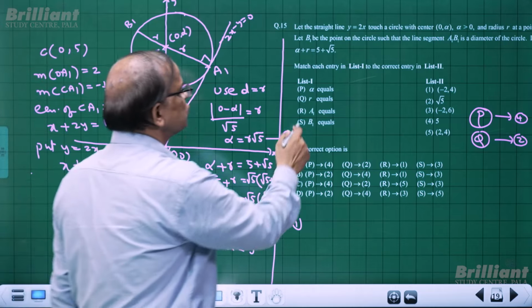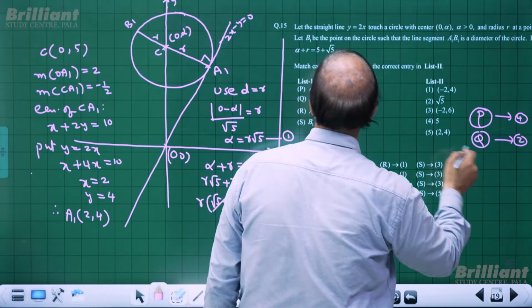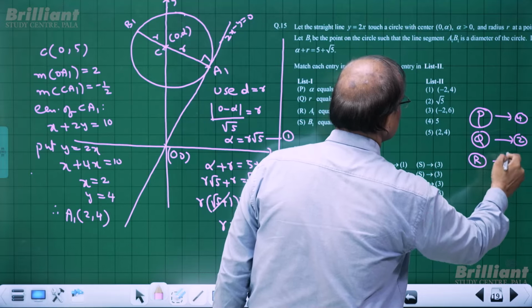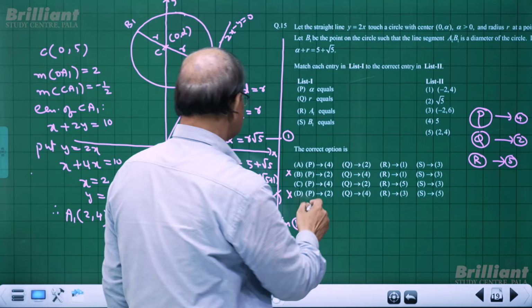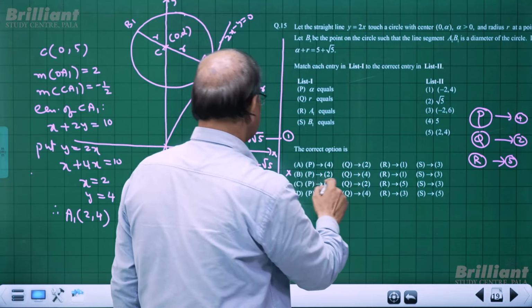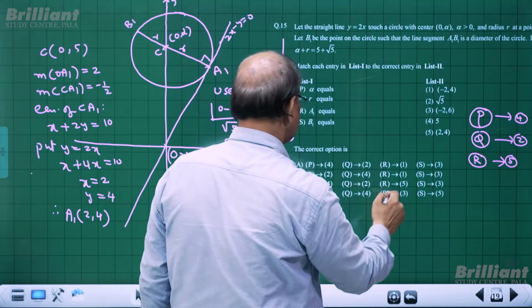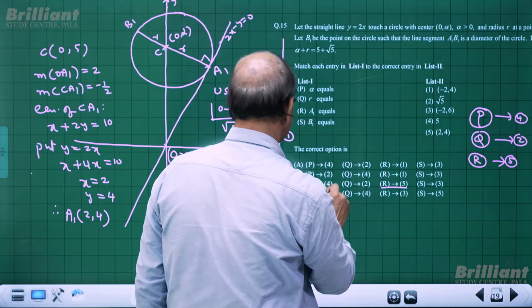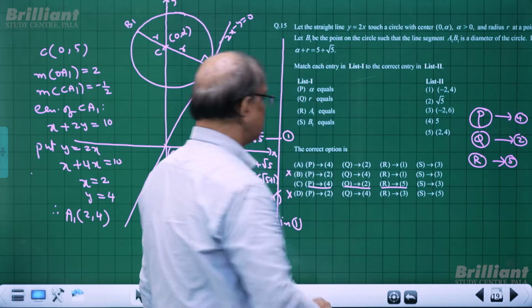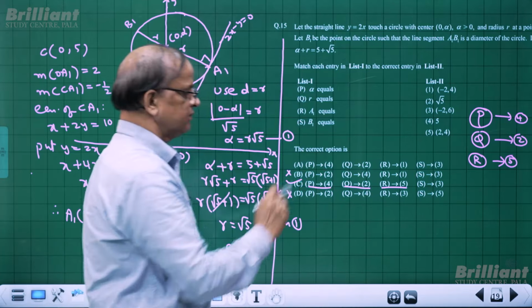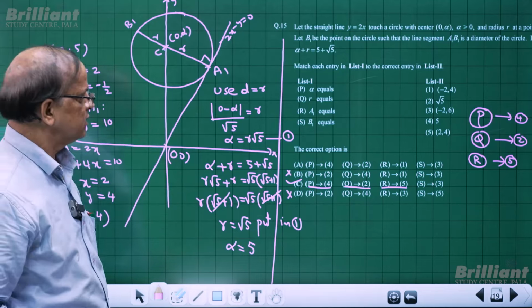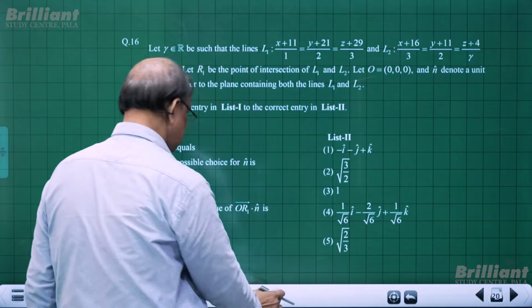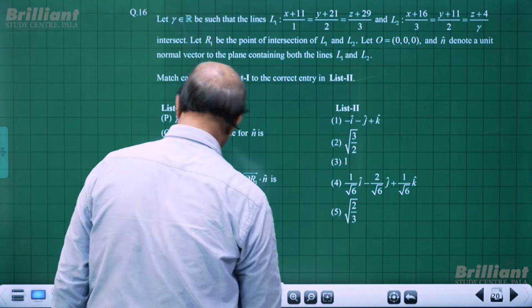So for A1 the distance is 5, so R is 5. R is 5 there, P is 4 and Q is 2. So therefore again C is correct.